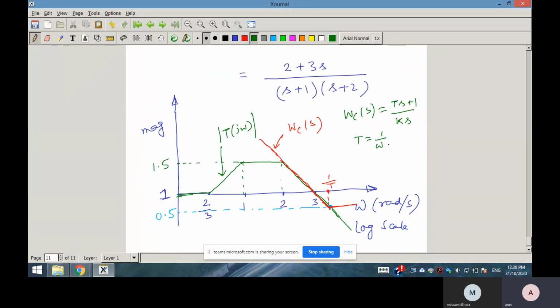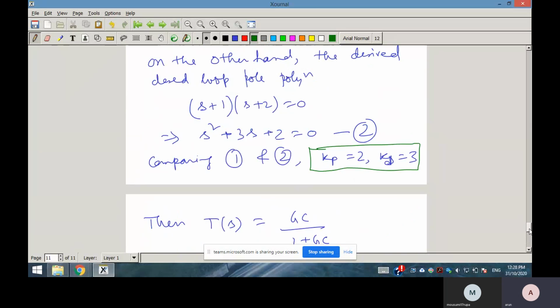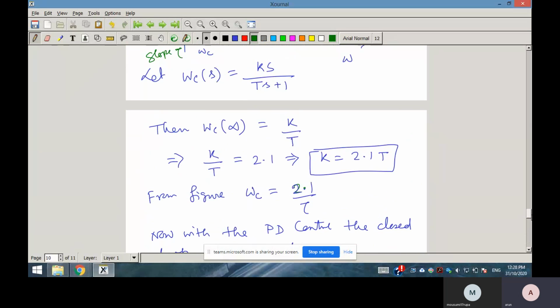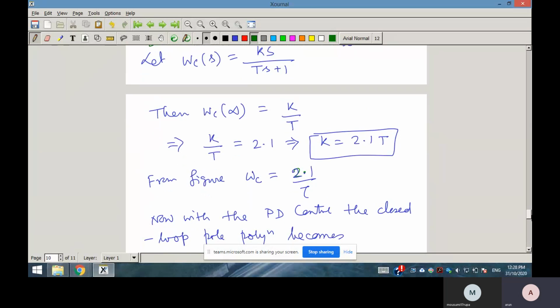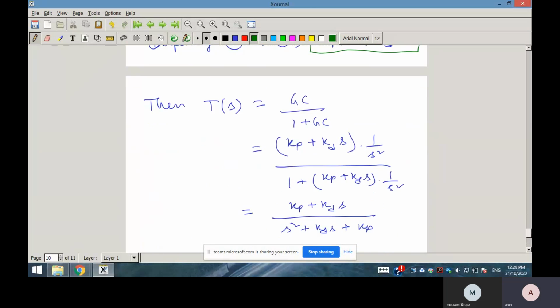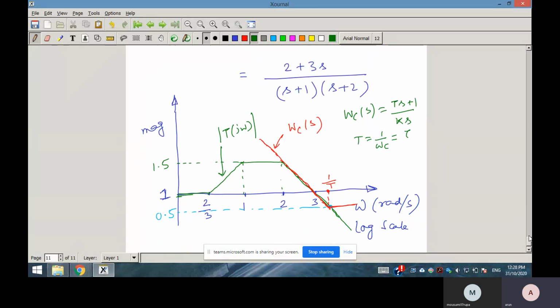So that means 1 by t equals 2.1 by tau. Okay.